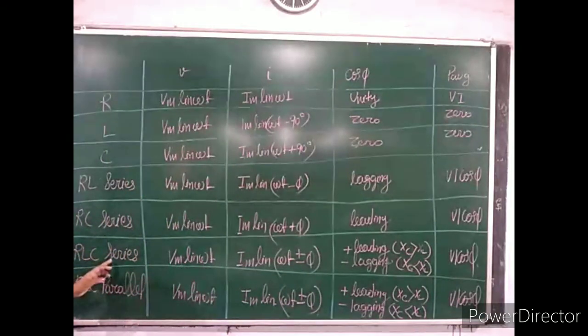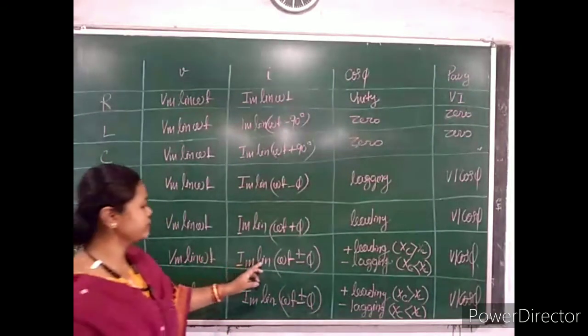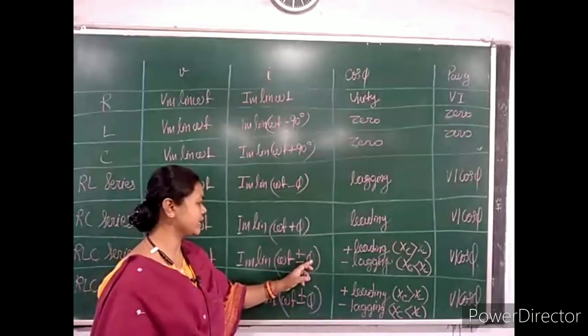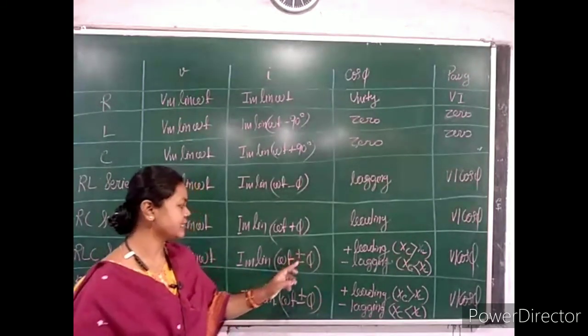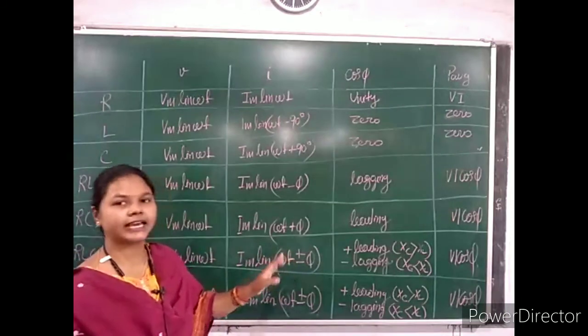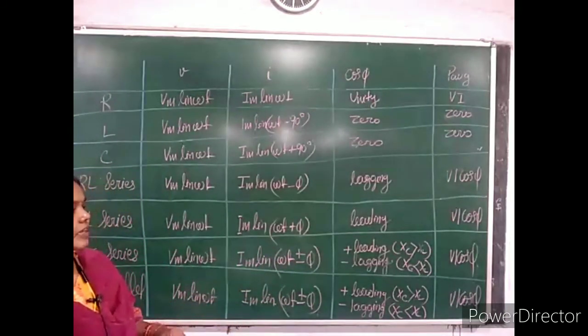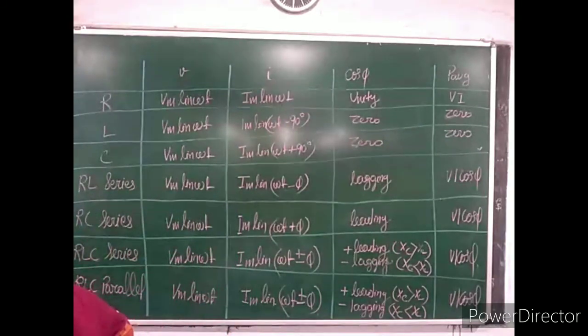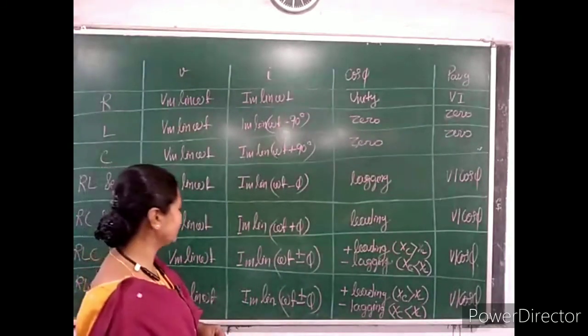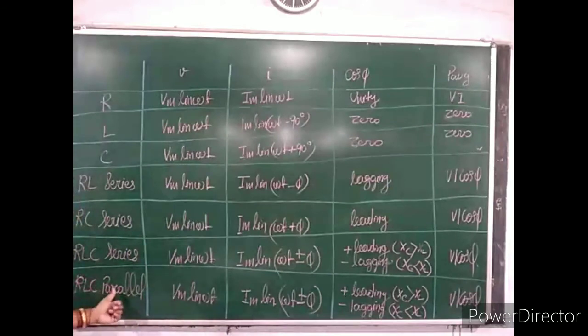For RLC series, it is Im sin(omega t plus or minus phi). Plus is for leading power factor, when inductive reactance is less than capacitive reactance, and minus is for lagging power factor when Xc is less than XL.